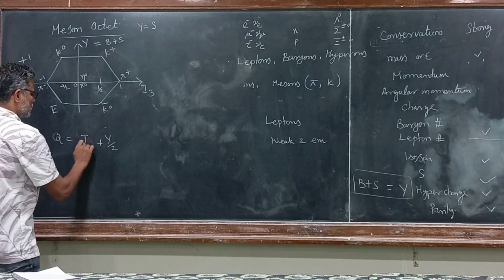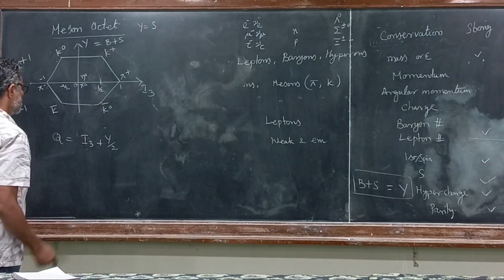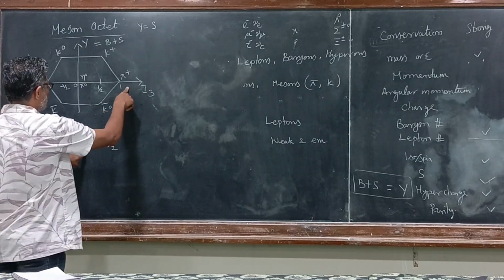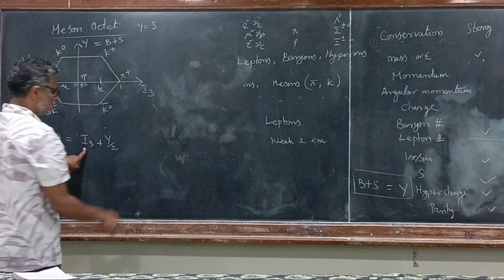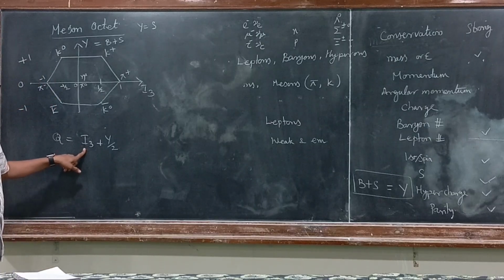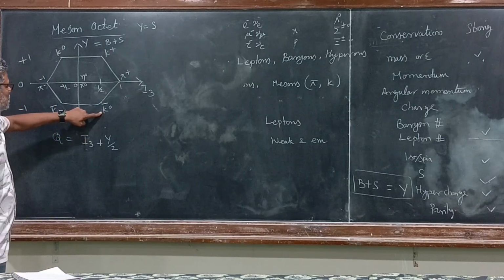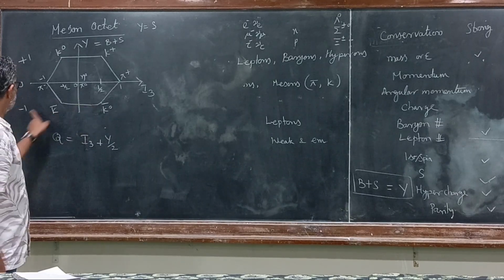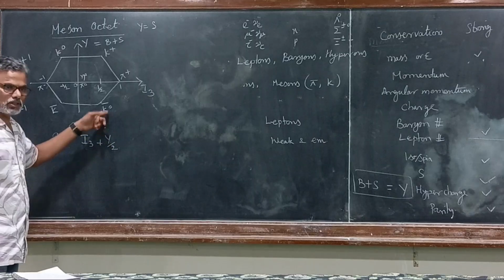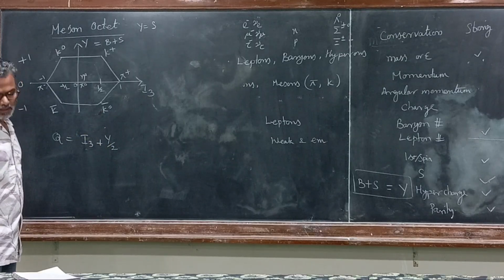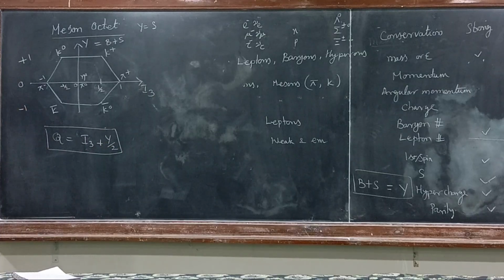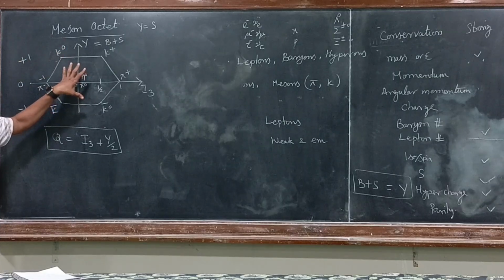So let's say your I3 is 1 and y value is 0, so 1 plus 0 by 2, it is plus 1. For this one, your I3 is 1 by 2 and y value is minus 1, so 1 by 2 minus 1 by 2, it's 0. So from the Q and y relation, you get a Q value, an isospin number and a y value, all the information in one package.